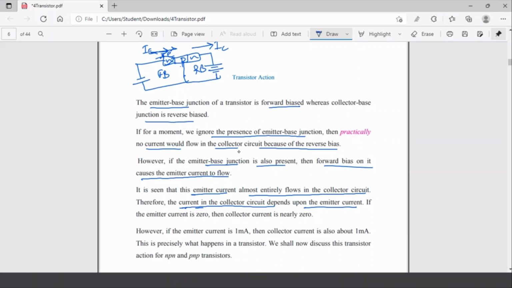So IC basically depends upon the emitter current. If the emitter current is 0, as we said with no emitter base junction bias, then the collector current would also be 0. However, if the emitter current is, let's say, 1 milliampere, then the collector current would also be near 1 milliampere.